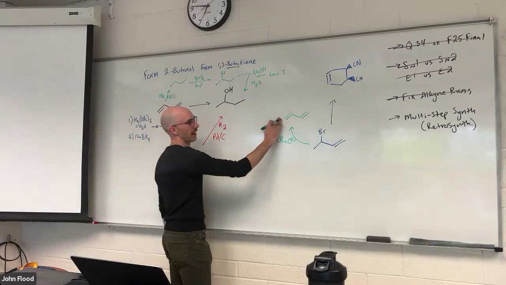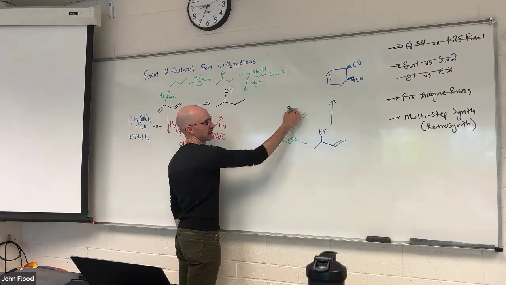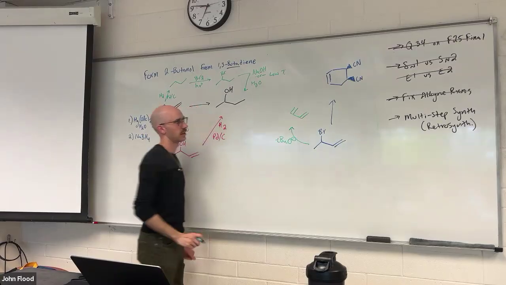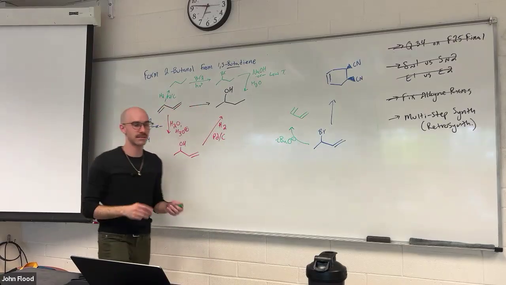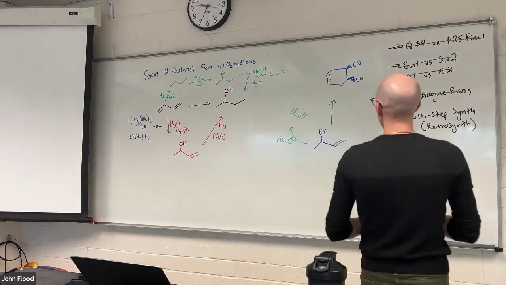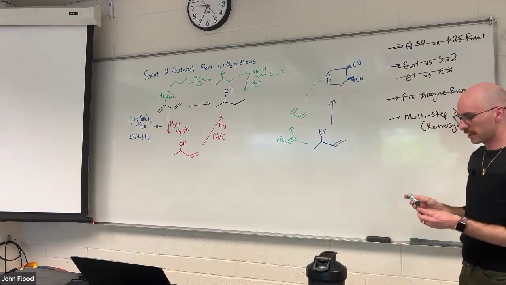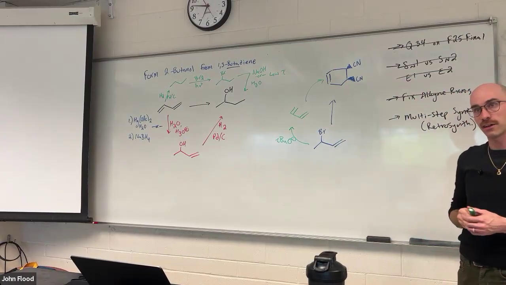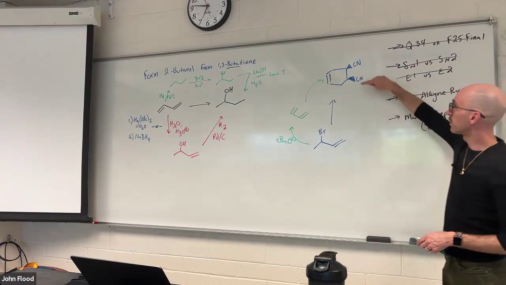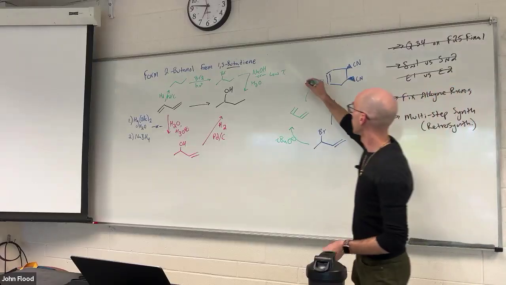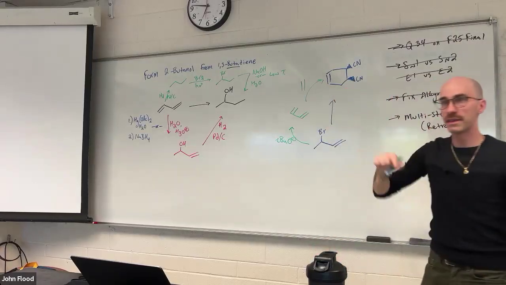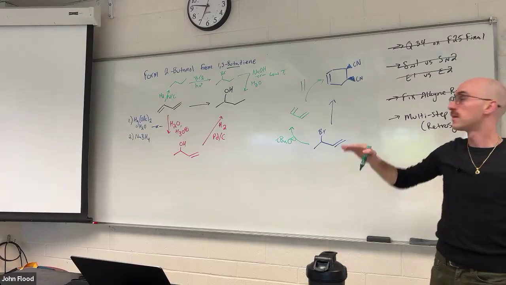I'm going to redraw my diene so that it's in its cis configuration. There's my s-cis conjugated diene, and I am almost at my final product. I just need to introduce the dienophile, which will be carbons 5 and 6 with an extra pi bond.